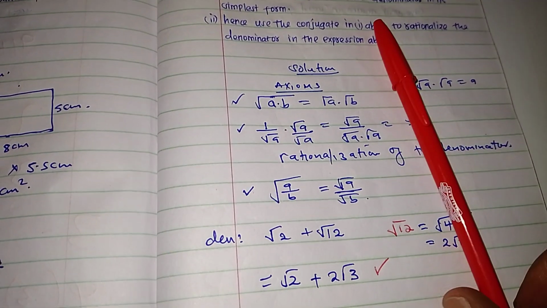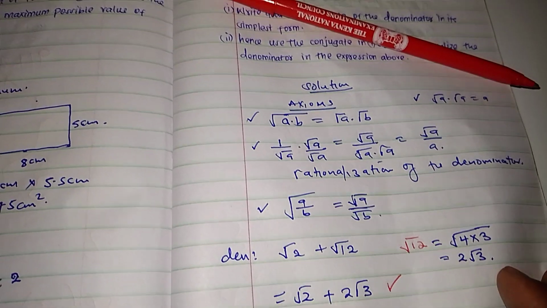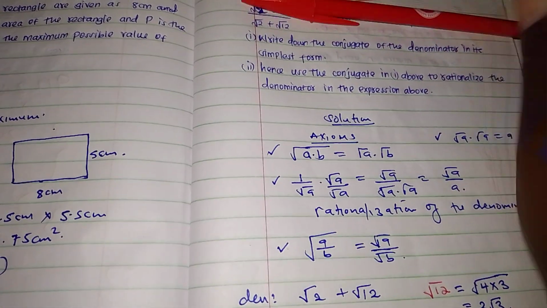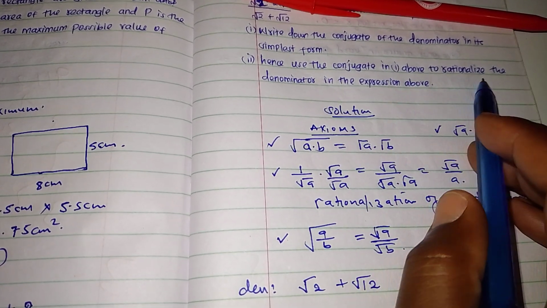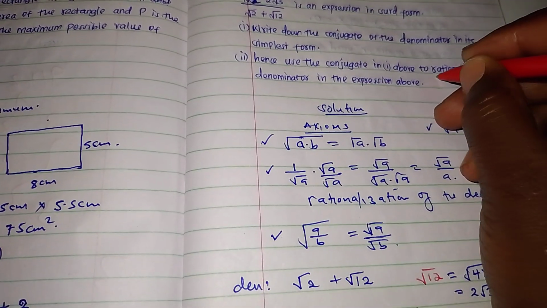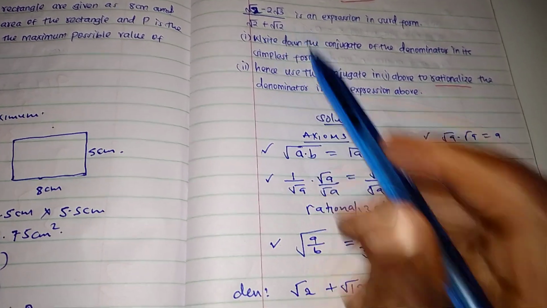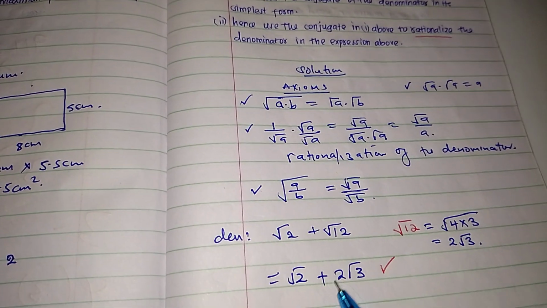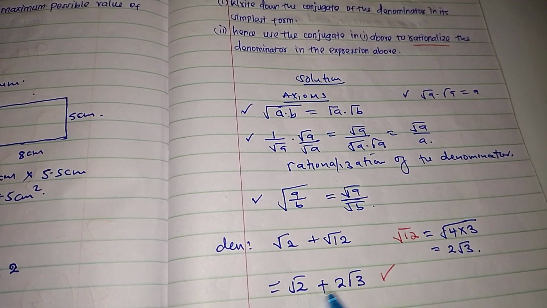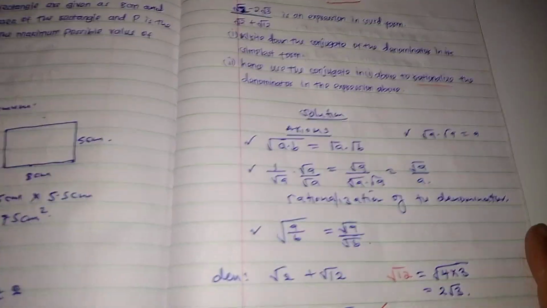So if that's the case, we have this other part here. Hence, use the conjugate in one above to rationalize. The word rationalize, you remember very well, is to make sure the denominator doesn't have the radical sign. So I'll create some space here.